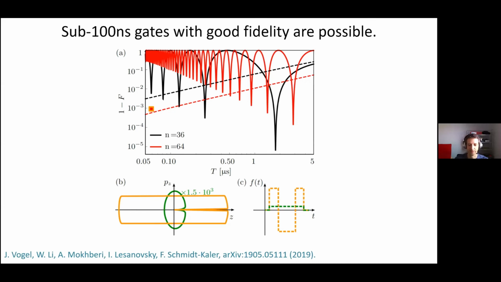The group of Ferdinand has also calculated how good fidelities they expect from such sequences, using different pulse sequences, also with some spin echo techniques. They can achieve errors that are significantly below 10 to the minus 2, also here limited by the lifetime.